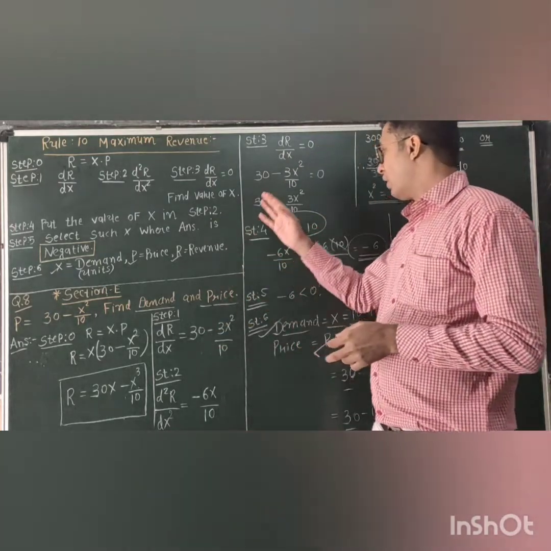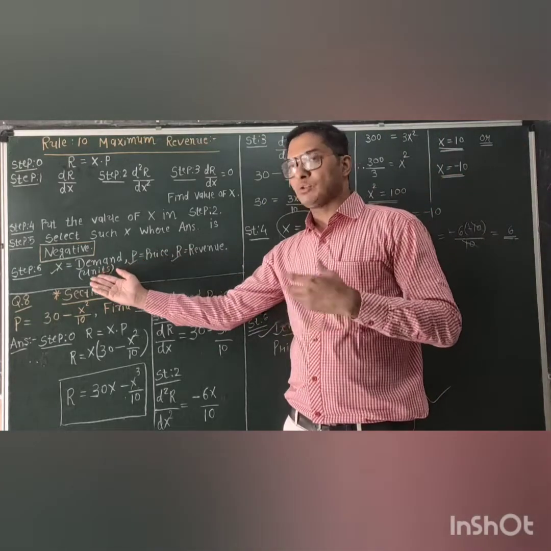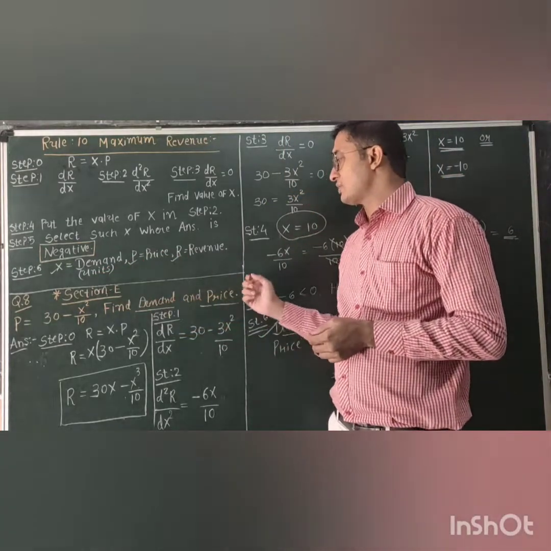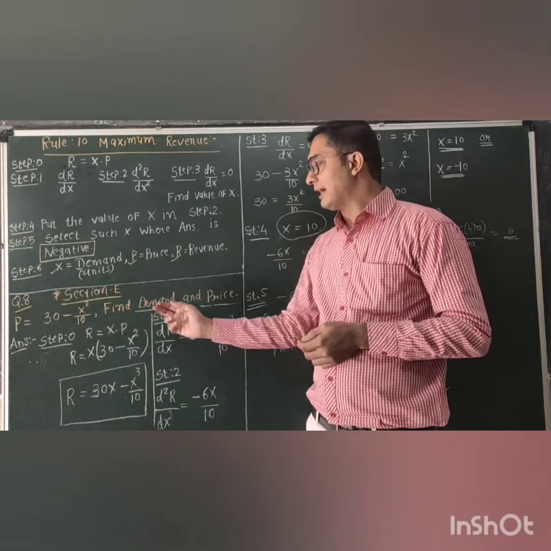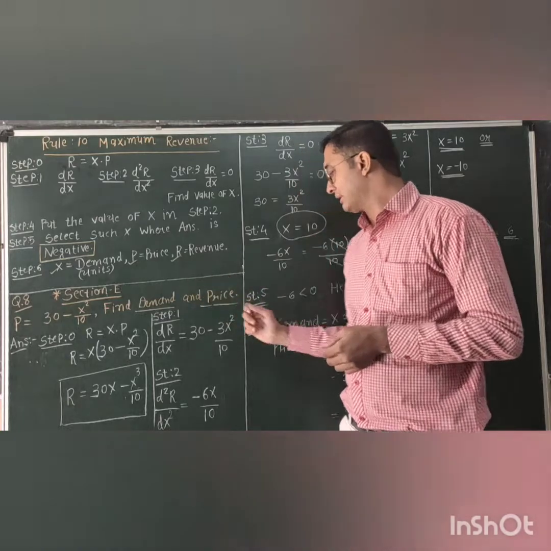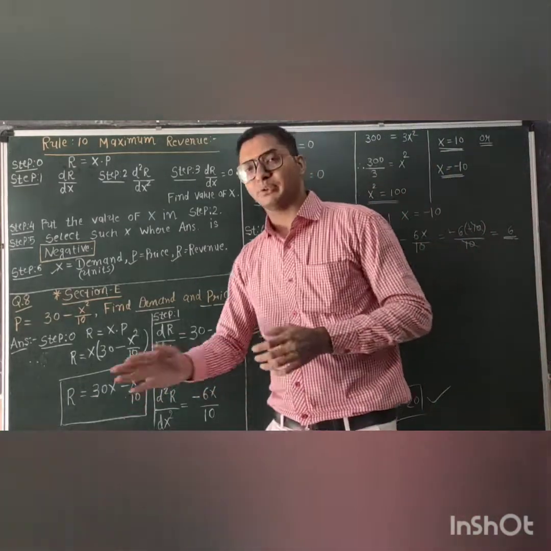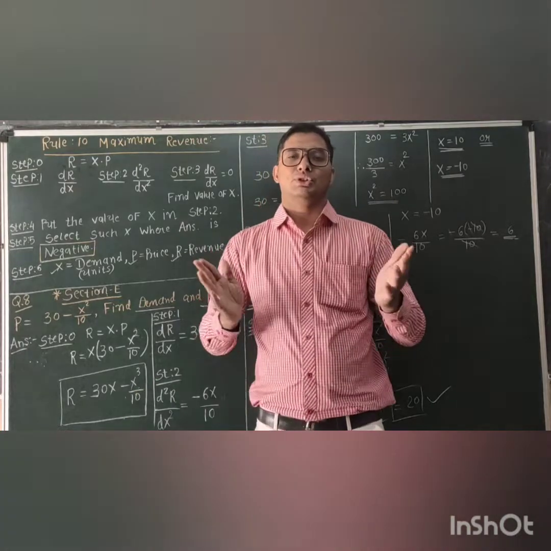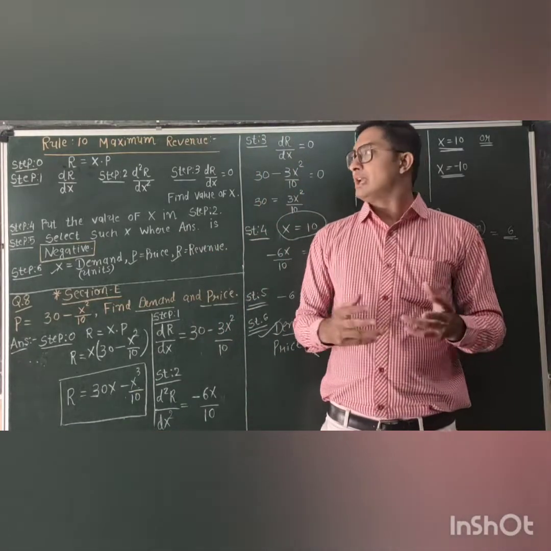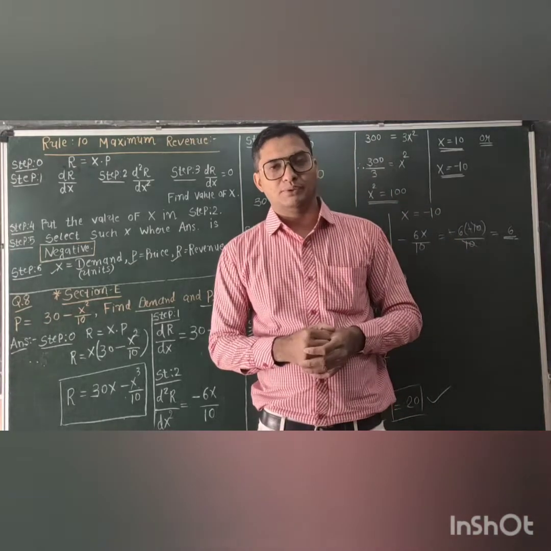And all the remaining procedures are the same, and at last we have to check whatever the question demands. If they ask for demand, price or revenue, we have to put the value accordingly. Understood? So finally we have completed this rule number 10, maximum revenue.